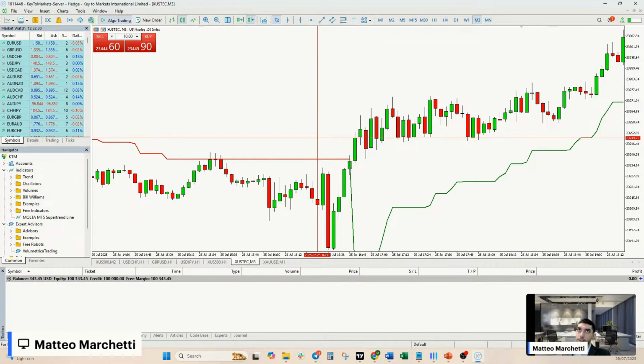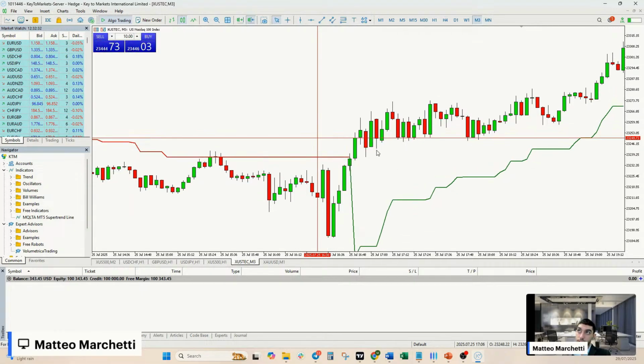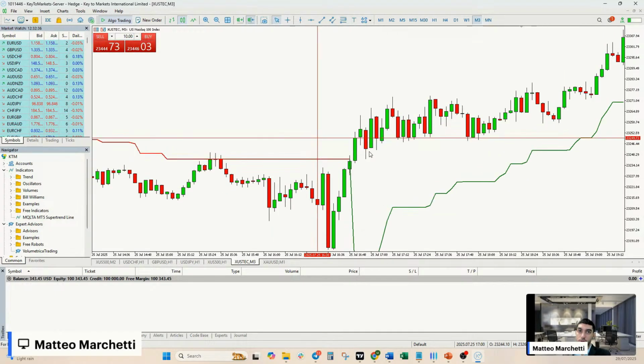So what do we do from here? This is where we have to think about risk reward and risk management. What I like to do is enter a long trade here for a certain size.